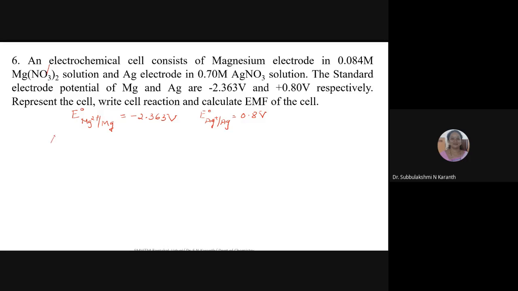So the Ag electrode acts as cathode, because it has a high electrode potential, and the Mg electrode acts as anode. Now you have already predicted which one acts as anode and which as cathode. Now you represent the cell.